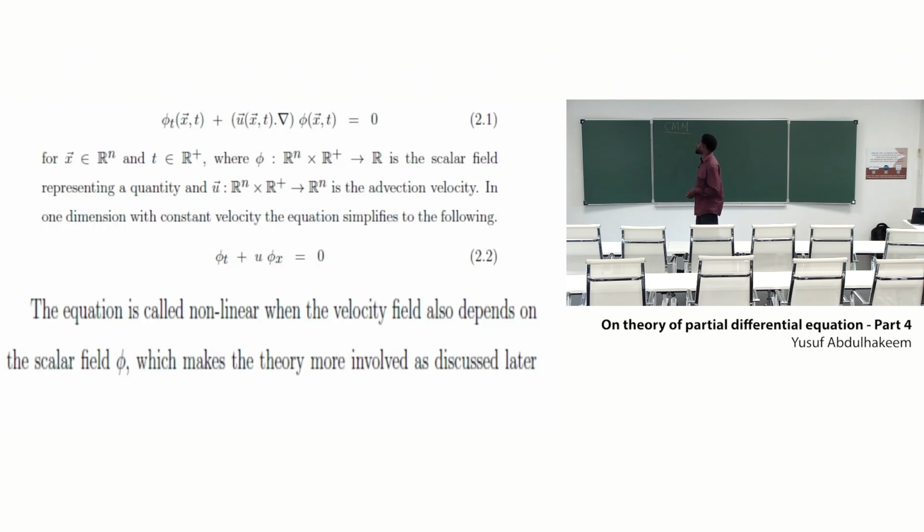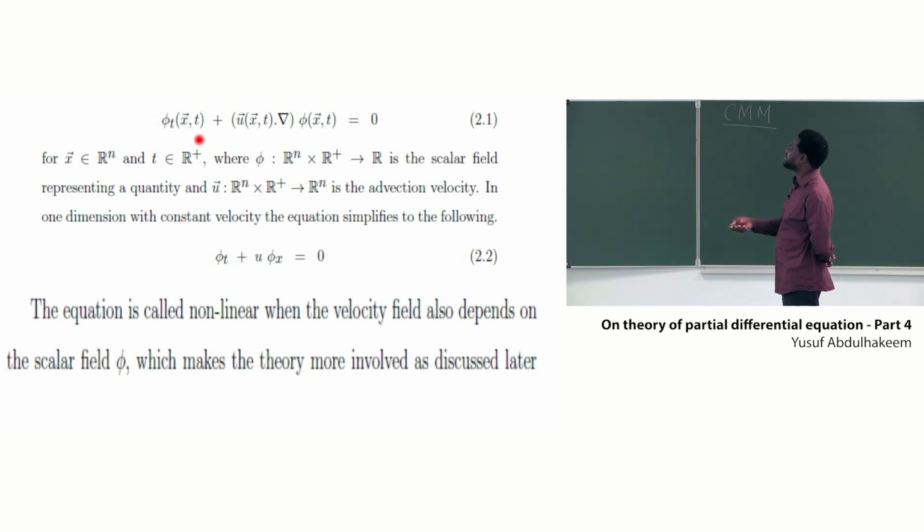The equation we have here in 2.1 describes the linear advection equation. Here we have phi_t, and then u, which is the velocity of the quantity that will be advected, and the sum is equal to 0. Here x and t are the independent variables, space and time, and phi is a function into the real numbers, a scalar field representing a quantity.